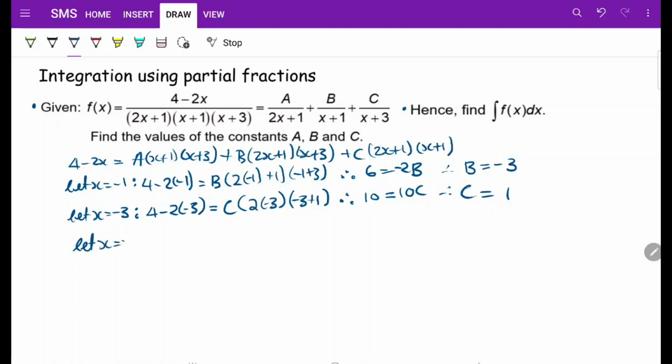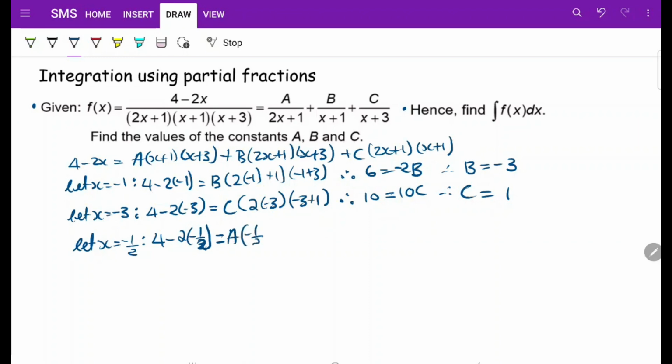Then let's try and solve for the last variable. We can let x become -1/2. So we end up with 4 minus 2 times -1/2. And if we use that, we are eliminating b because it has the 2x plus 1 term, and we are eliminating c. So this allows us to solve for a.